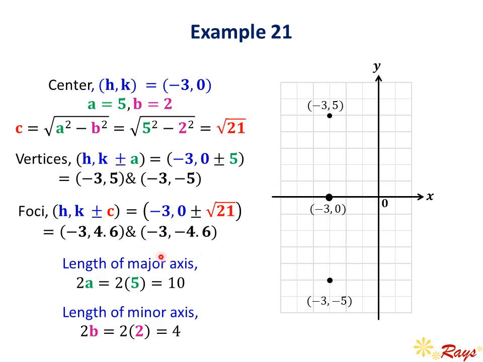Even though we didn't find the coordinates at the end of our minor axis, we can just mark that because we know that b is 2. So from here to the end of the minor axis is 2, and from here 2 units. So therefore it is -5, 0 and -1, 0.